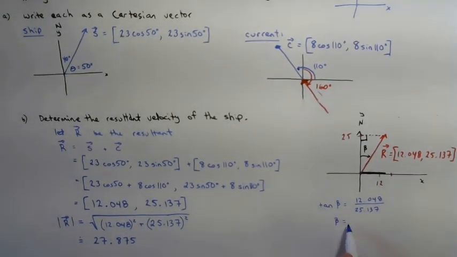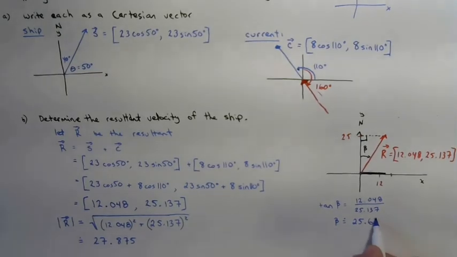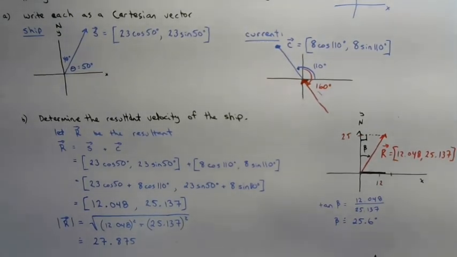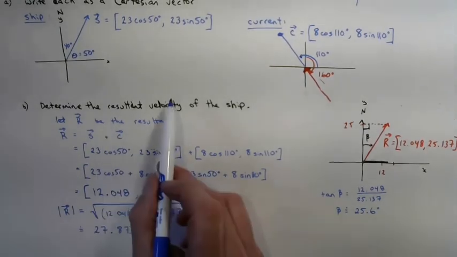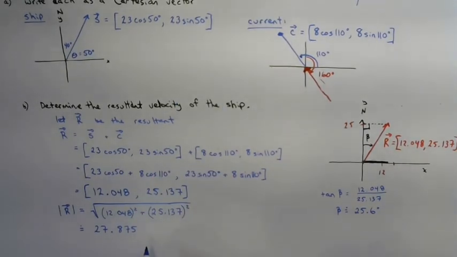To find the angle beta, I take the inverse tangent of both sides, and I end up with approximately 25.6 degrees. So the ship then is traveling at a velocity of 27.87 kilometers per hour at a bearing of 25.6.